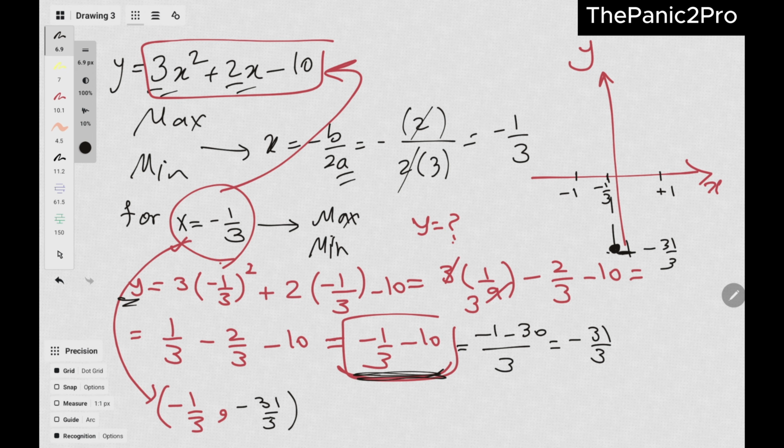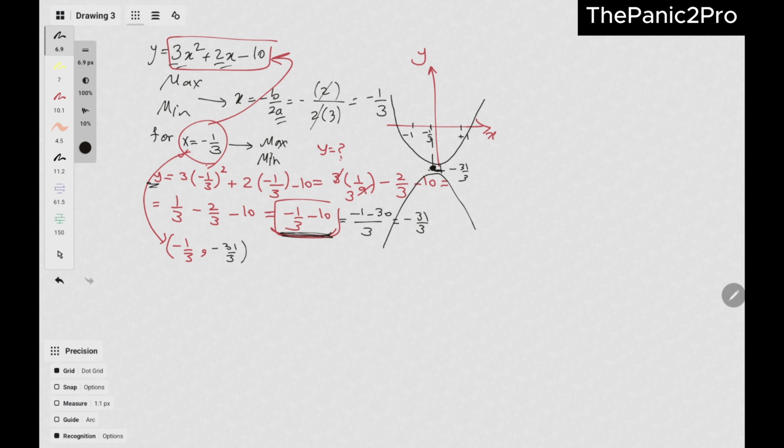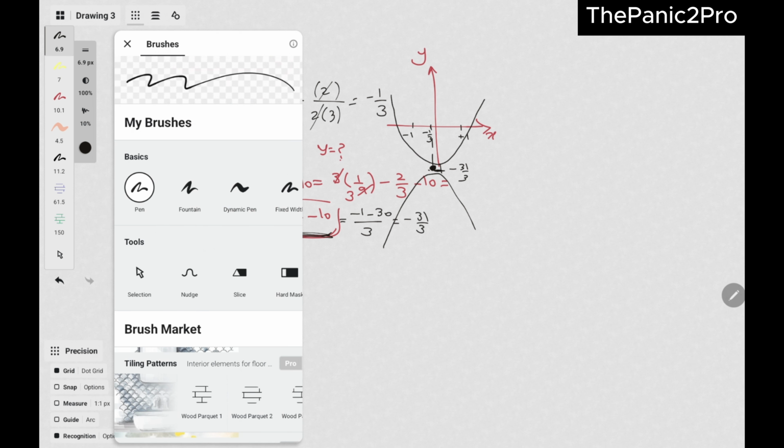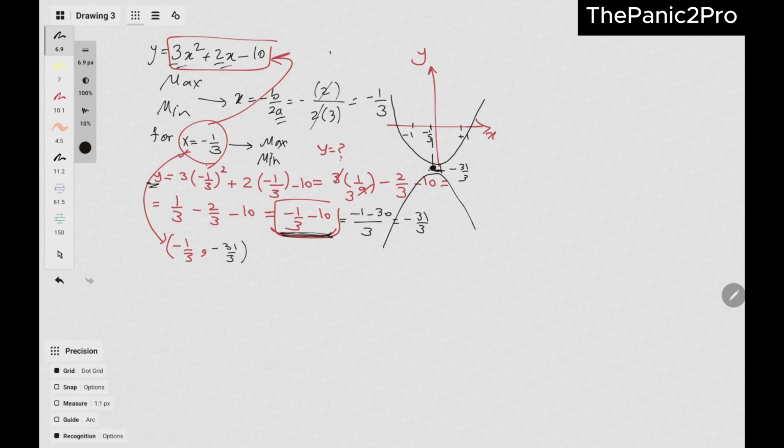So up to now, we know this is going to be either a minimum or maximum. We don't know that yet. We can figure out which by just one more calculation. So what I have done is I have my equation. I tried to get minus b over 2a, which I got as minus 1 over 3.